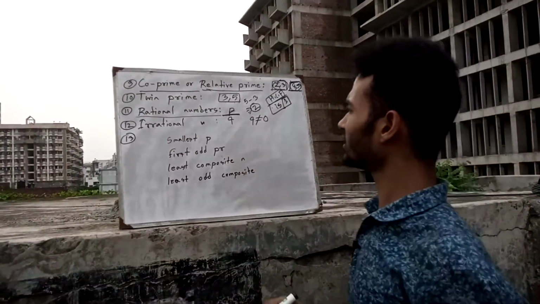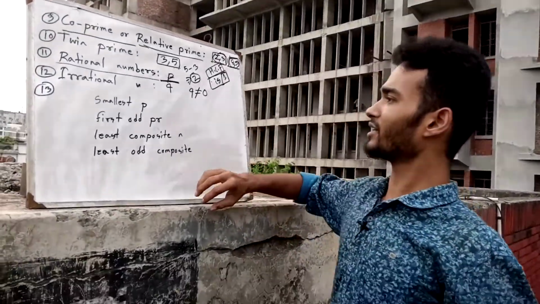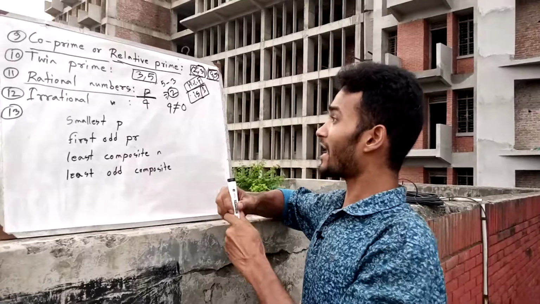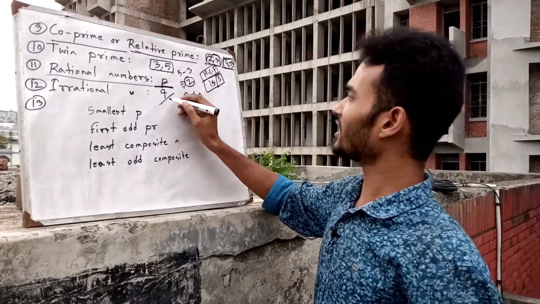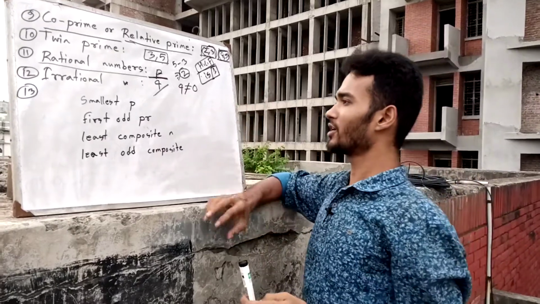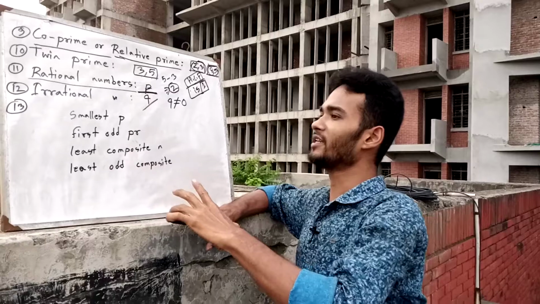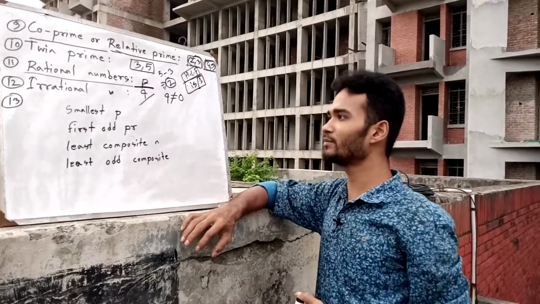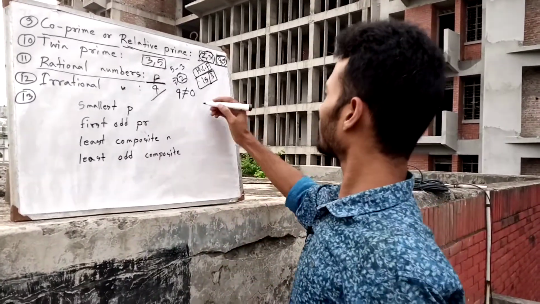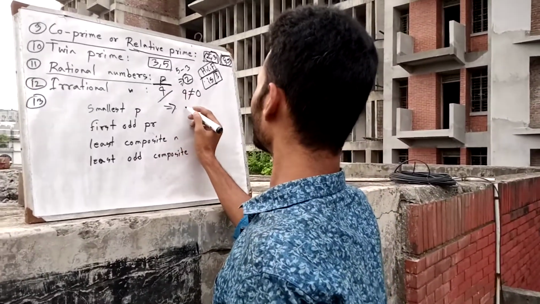Then go for irrational numbers. Those numbers are considered irrational which cannot be expressed as P by Q, and the two major characteristics of an irrational number are that it must be non-terminating and non-repeating. For example, root 2.